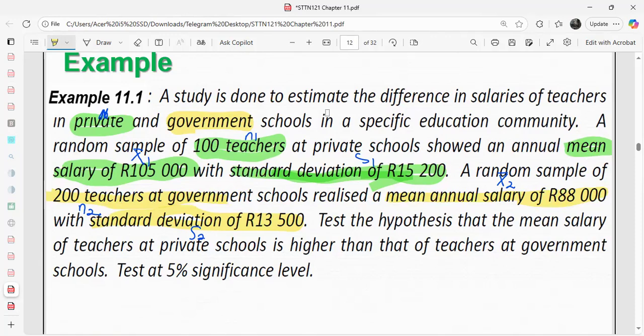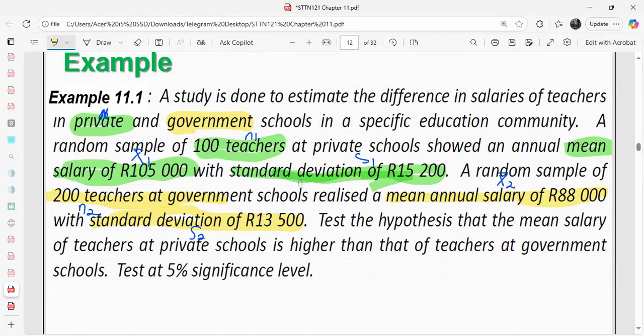If they mention greater than, it means population mean 1 will be greater than population mean 2. If they say less than, population mean 1 will be less than population mean 2. But if they don't say anything about greater than or less than, we take it as two-sided, meaning population mean 1 is not equal to population mean 2. And when you take it as two-sided, the probability will change, remember.